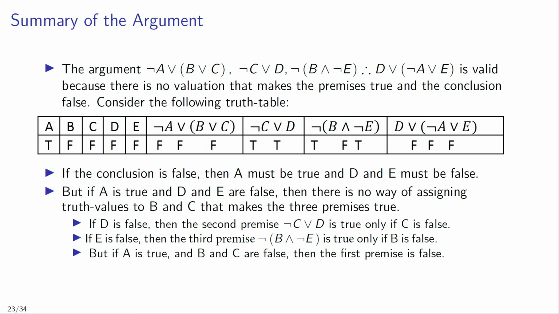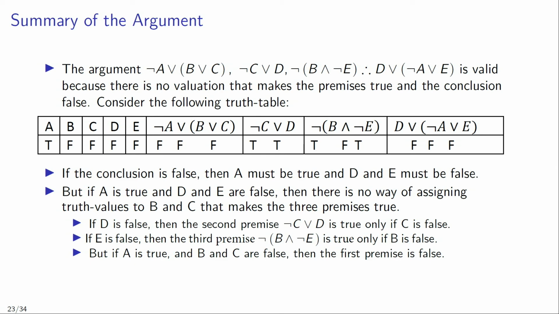Let's sum up the argument. We saw that the argument from our 3 premises to the conclusion that D or not A or E is valid because there's no valuation that makes the premises true and the conclusion false. To establish why that is, consider the following partial truth table.